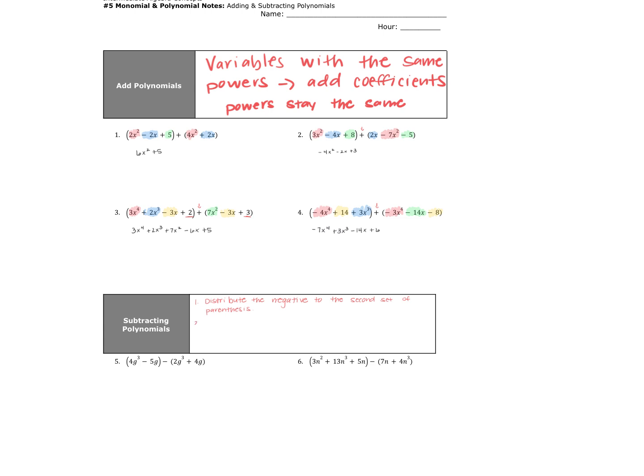When you distribute that, you're going to change the subtraction symbol in the middle to an addition symbol. And then you're just going to add like you did before. Add like variables.